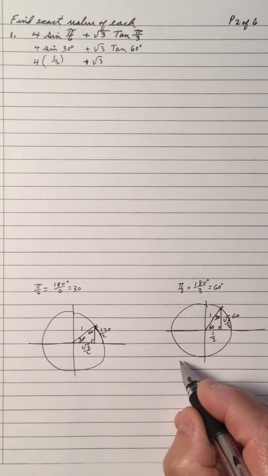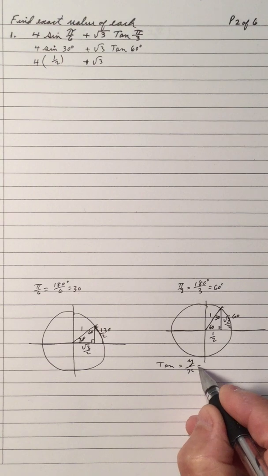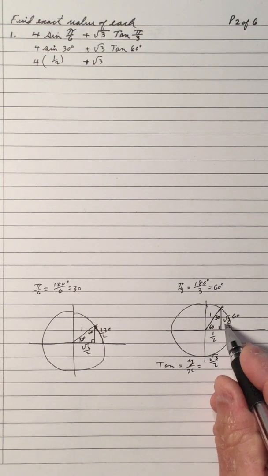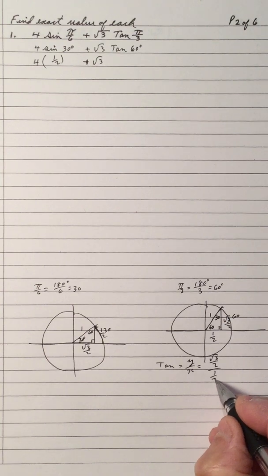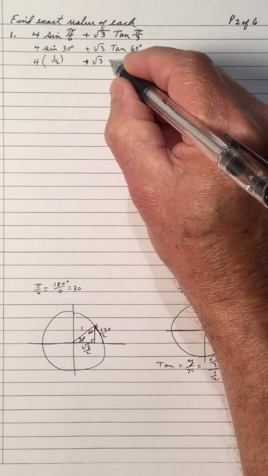And tan is the y over the x. So the y is root 3 over 2, and the x is a half. So that becomes root 3 over 2 times 2 over 1. The 2's cancel, and I get root 3.